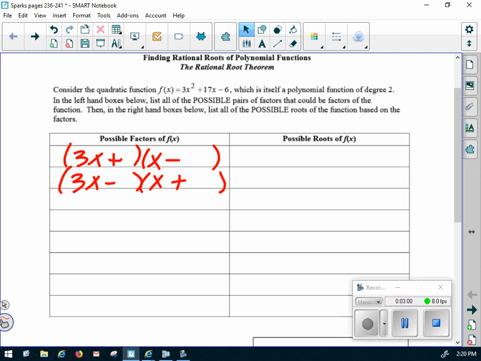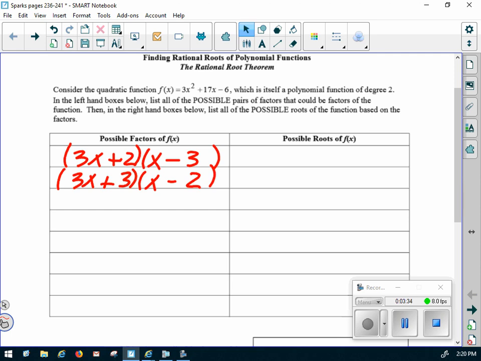Now, the factors of 6, well, I know it could be 2 and 3. Do I know where the 2 goes and where the 3 goes? No, so I'm just going to guess. I could put the 2 here and the 3 here, but I could put the 3 here and the 2 here, right?